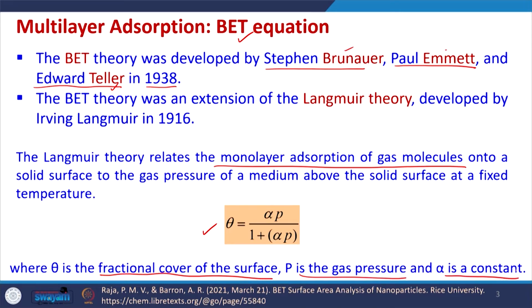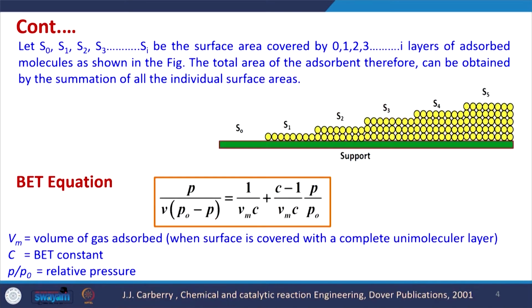We are discussing this equation in particular because any of the adsorbent properties with respect to the specific surface area, pore size etc., can be determined using the nitrogen adsorption. So, nitrogen is a gas. That adsorption is generally done on the adsorbent surface, and for analyzing the data this equation is used. So, that is why this discussion is being done.